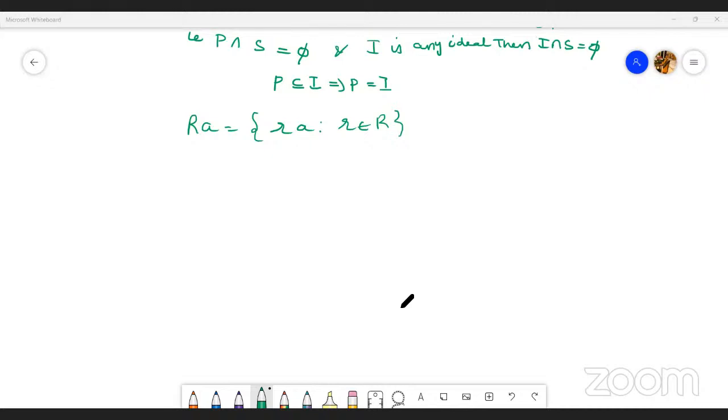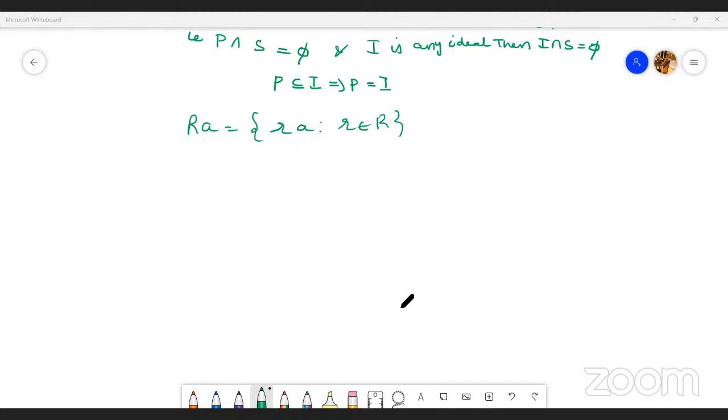Okay. So you take two elements, X belongs to I intersection S and Y belongs to J intersection S. Then X is of the form P1 plus R1A, since I is P plus RA.